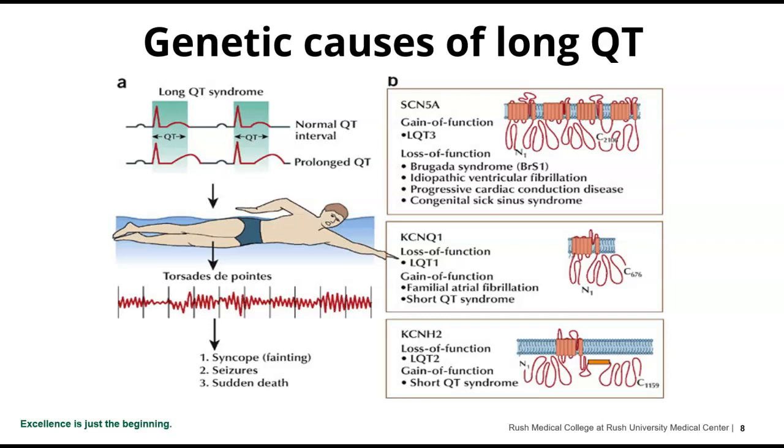And so some of the things that can happen include syncope, seizures, and sudden death. But if you faint or you have a syncopal episode in a pool or a lake, you end up at the bottom, and by the time they find you, they can't resuscitate you.